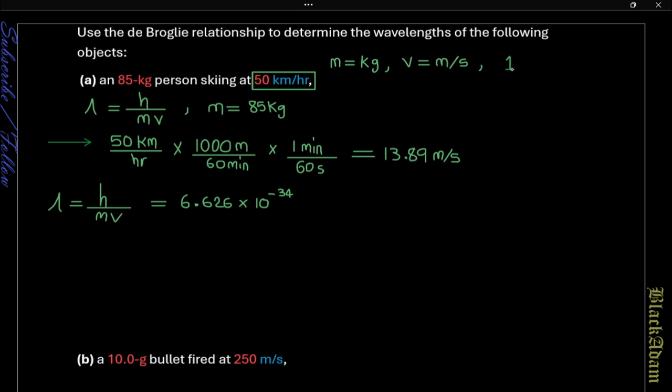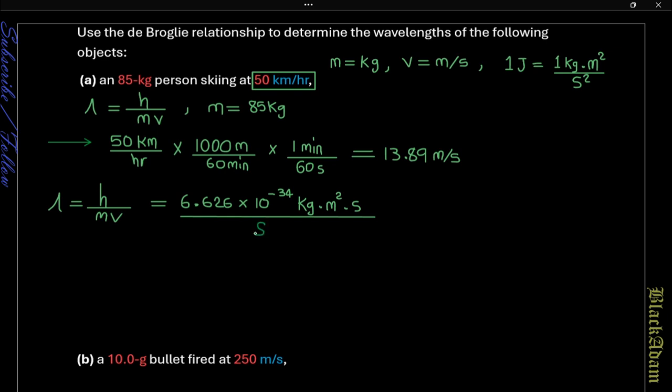So joule, because we're dealing with kg, 1 joule is equivalent to 1 kg meter squared, all divided by seconds squared. So we're going to change joule to kg meter squared.